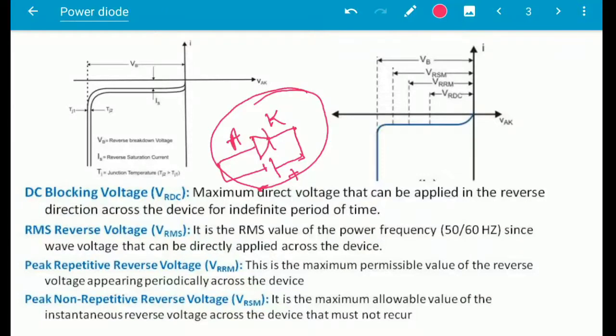In reverse biased condition, the diode blocks voltage up to a certain range, and the voltage at which it breaks down or avalanche occurs is called the reverse breakdown voltage.